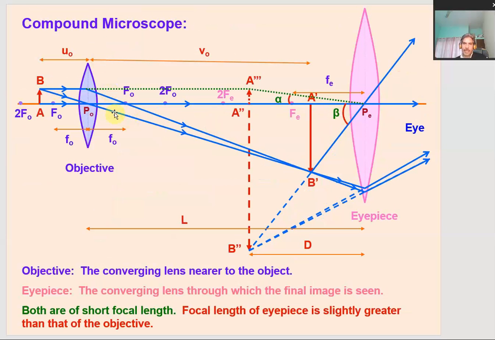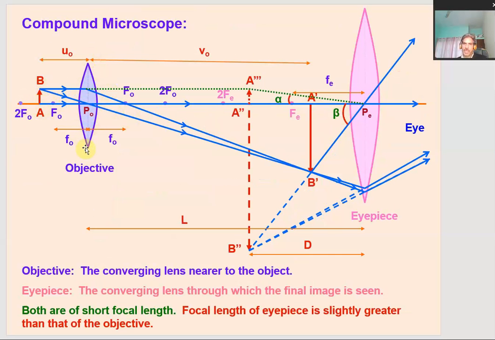So for this, the object AB, which is to be observed, a small object, lies between the focal length and the center of curvature of this objective.